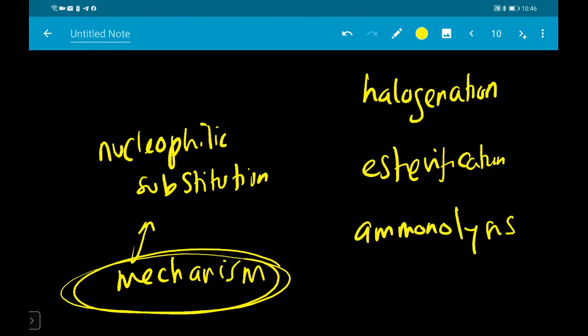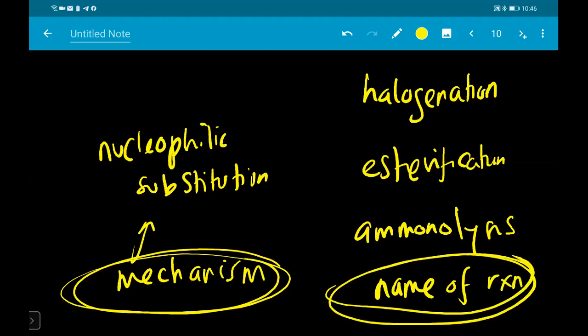Ammonolysis. These are the name of reaction. Tolong fahamkan when I ask about the mechanism, it is the nucleophilic substitution. The halogenation, esterification, and also ammonolysis is the name of the reaction. Alright, clear tak ni?